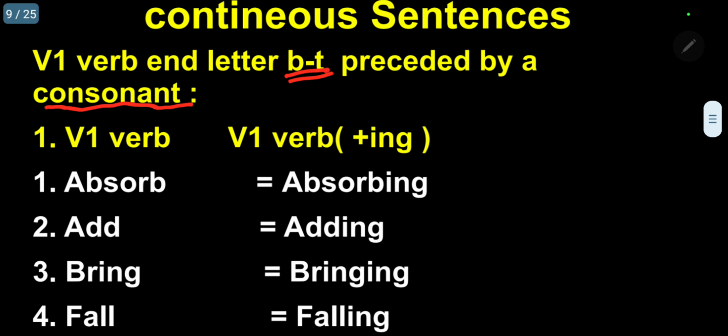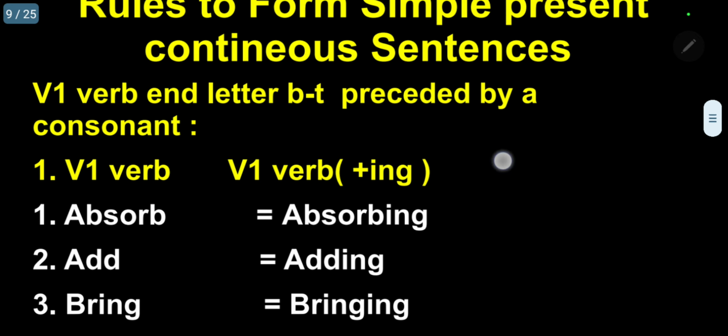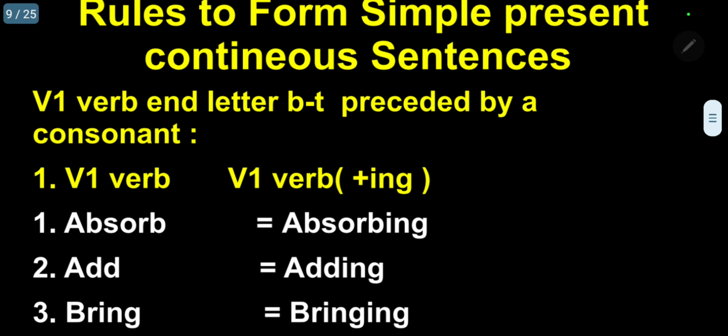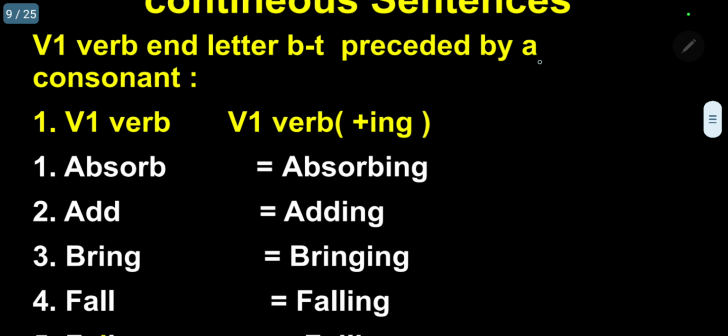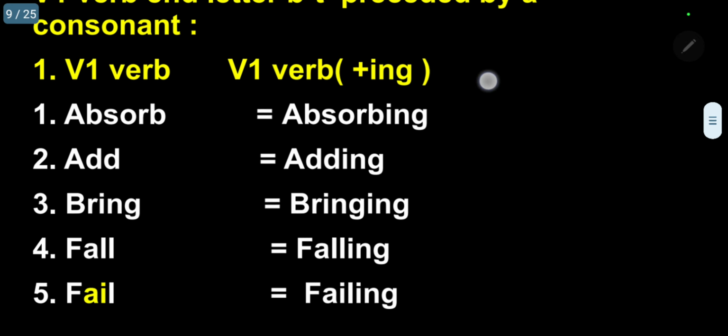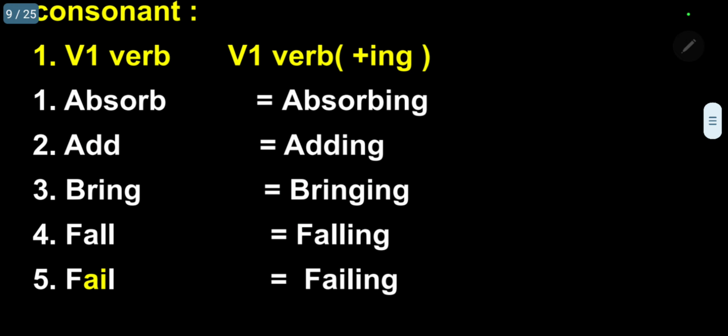Kindly follow me. In this case, for example, now I am using B. I'm indicating some simple examples. Now, absorb is a verb. It ends with B. The preceding letter is R, a consonant. So I am adding ing. If a consonant comes, I will add ing.